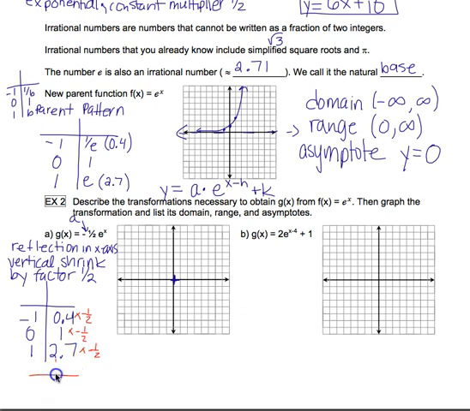And so what we end up with, 0.4 times -1/2 gives us -0.2. 1 times -1/2 is -1/2, or -0.5 if you want to write it as a decimal. And then 2.7 times -1/2 is -1.35, so about -1.4.